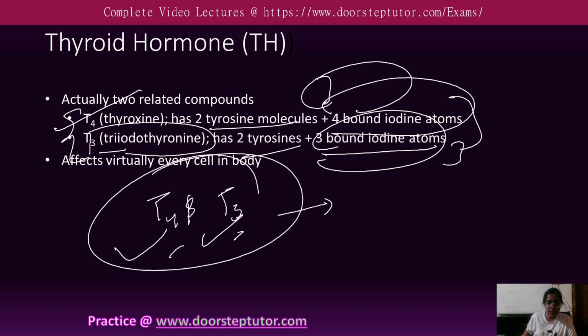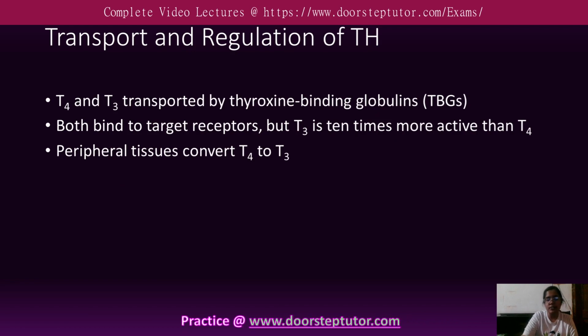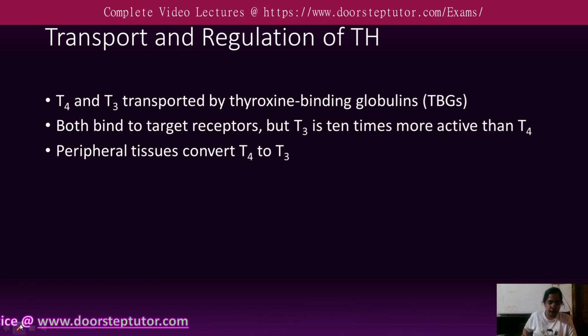This is very important to understand the role they play, what type of role they have, and how they are acting on the body. Now the transport and regulation of thyroid hormone. They are transported by the thyroxine binding globulin.